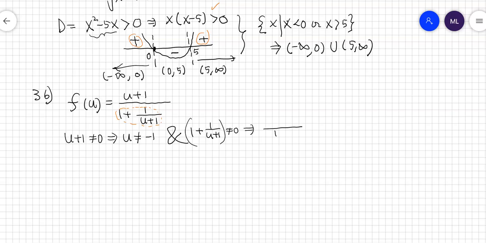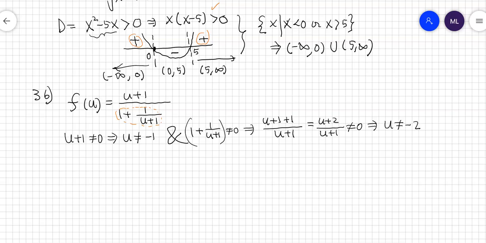That means u plus 1 plus 1, which is u plus 2 over u plus 1, cannot be 0. That means u cannot be negative 2.